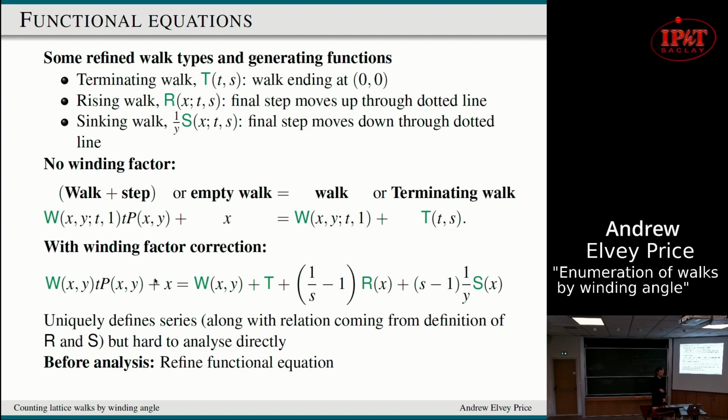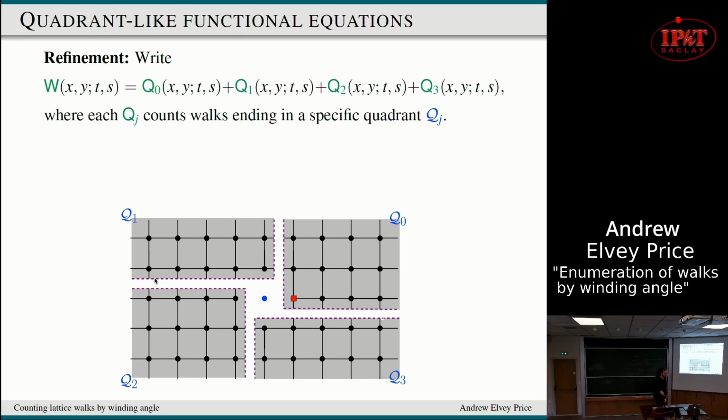Good. So hopefully it's completely explained now where these functional equations come from. So for the refinement, we cut W into 4 pieces.